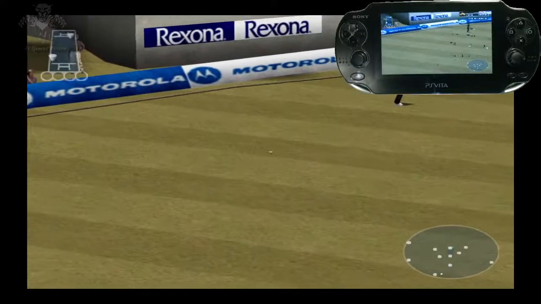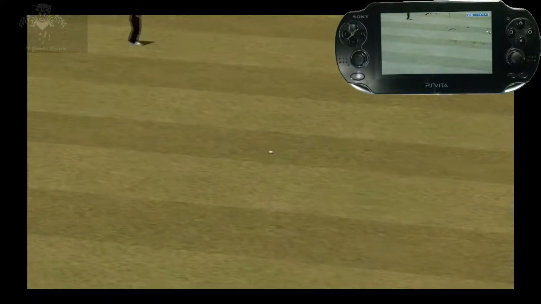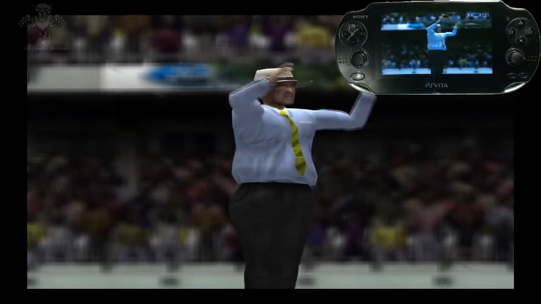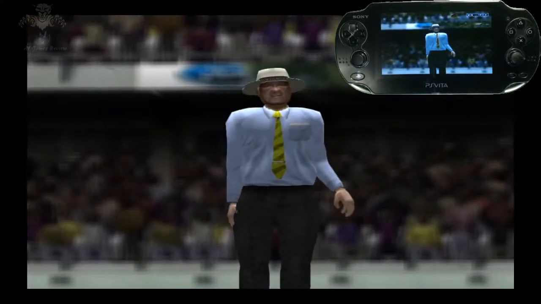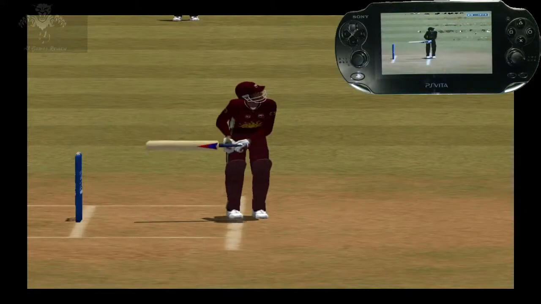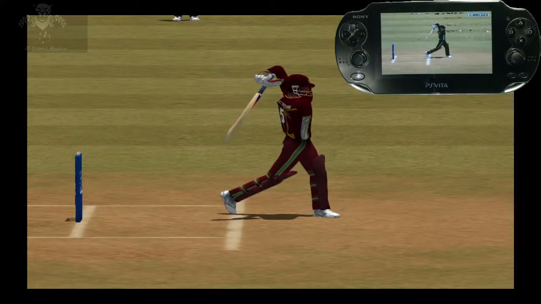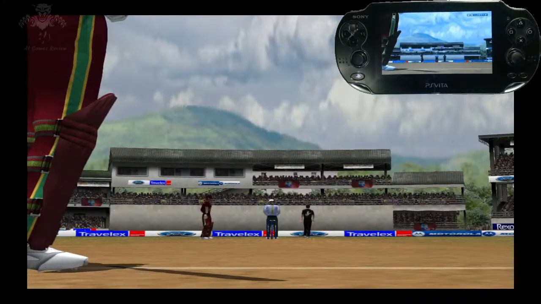That's the first boundary for Samuels. Exciting stuff. He took a risk, but was well rewarded as the ball disappeared over the fence. Now 4 and 37.